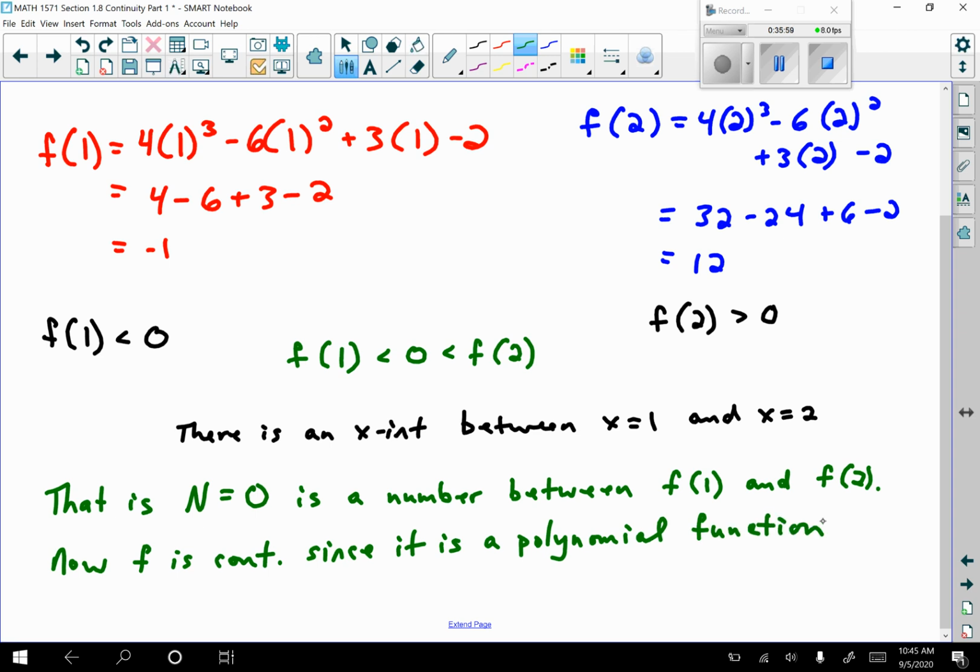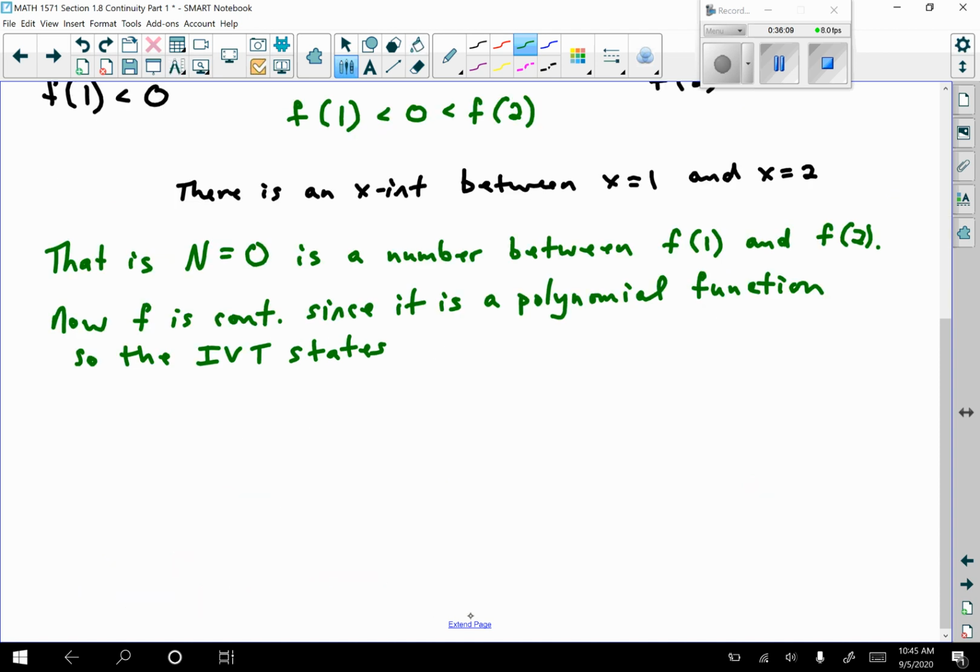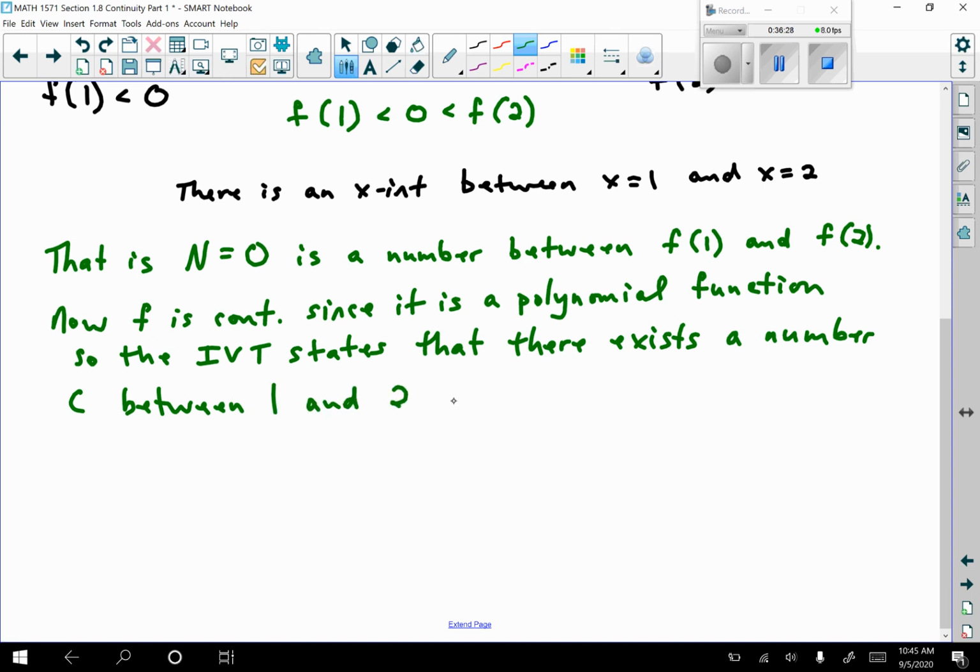So the intermediate value theorem states that there is a number c, so that there exists c between 1 and 2, and then therefore f of c is going to equal n, which is going to equal 0.